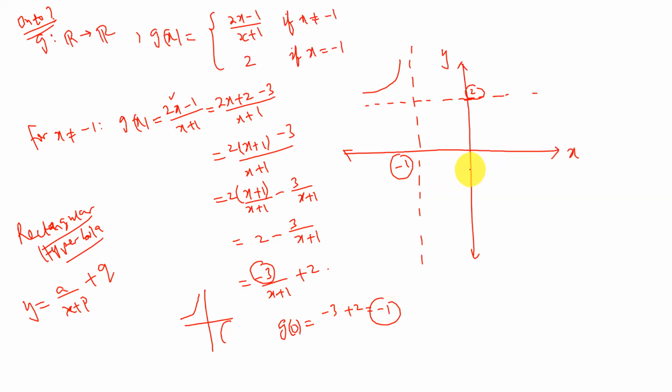So when x is 0, y is minus 1, and that gives us the y-intercept. When y is 0, x is 1/2. So the graph is going to cut here.